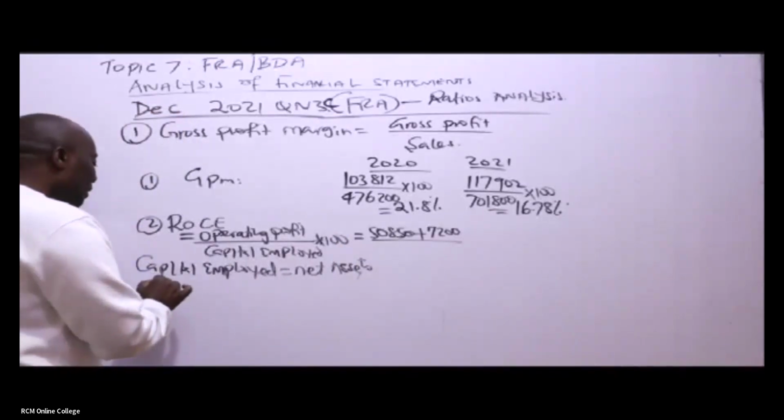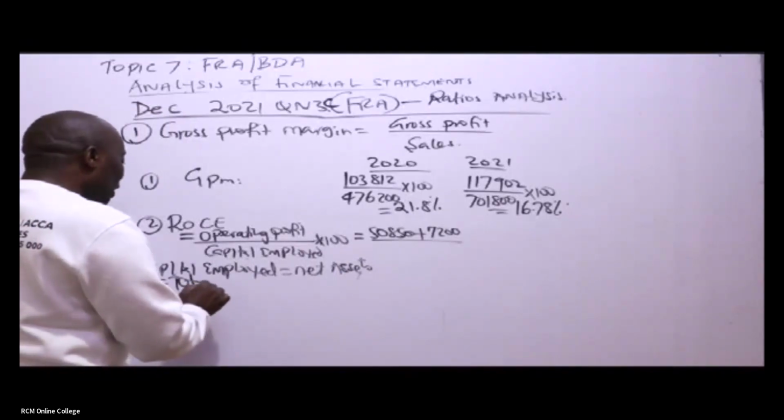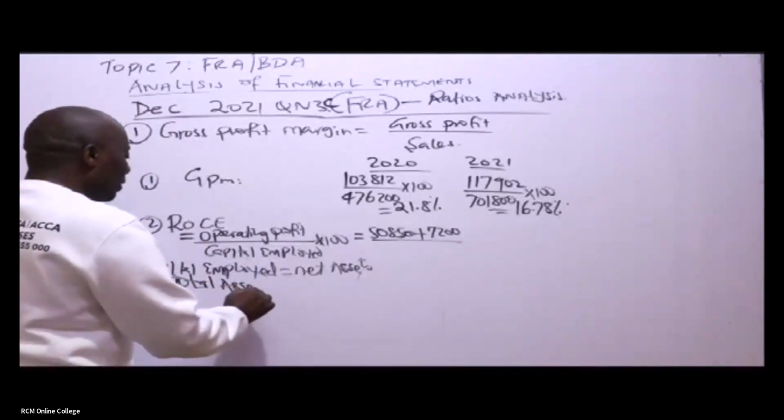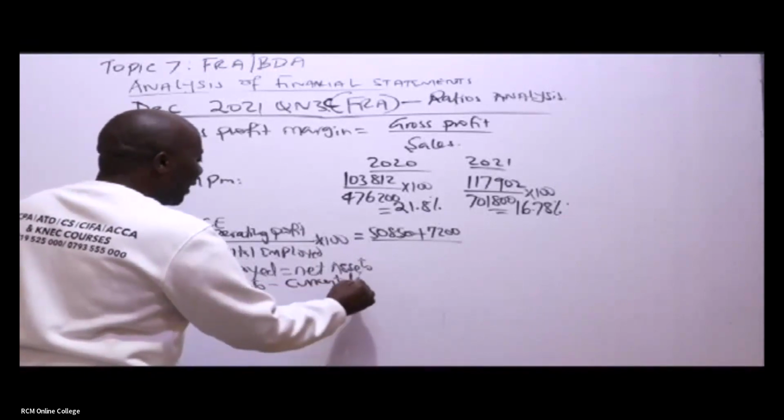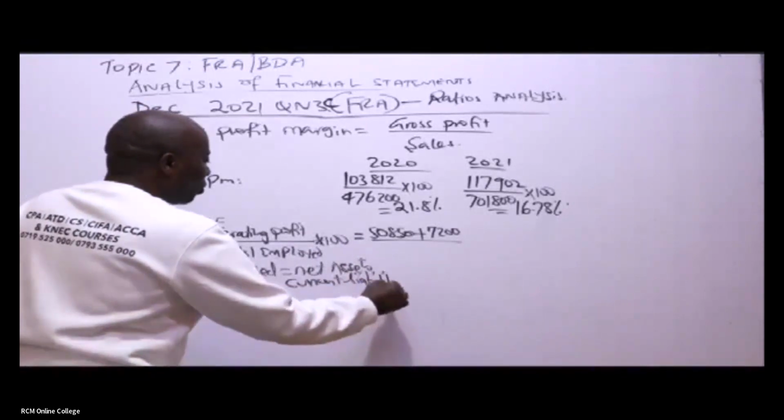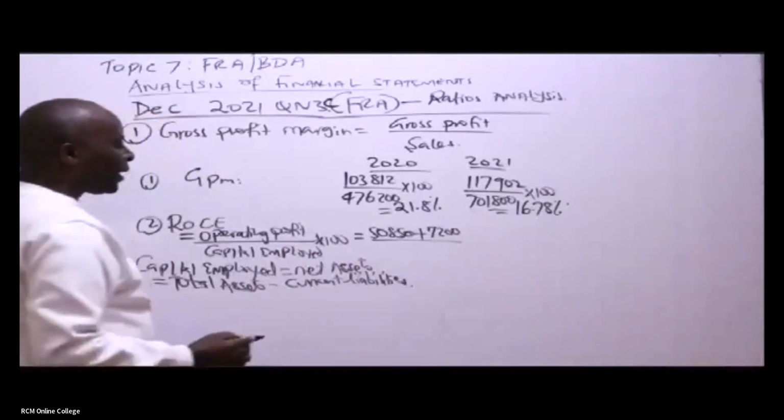And the net assets will be the same as total assets minus current liabilities. Total assets minus current liabilities.